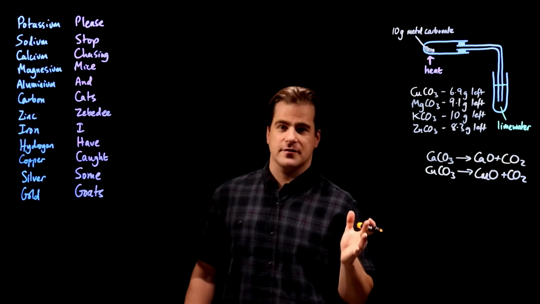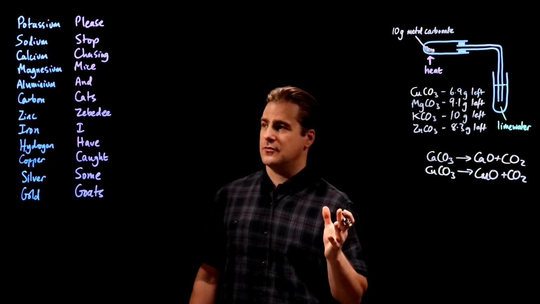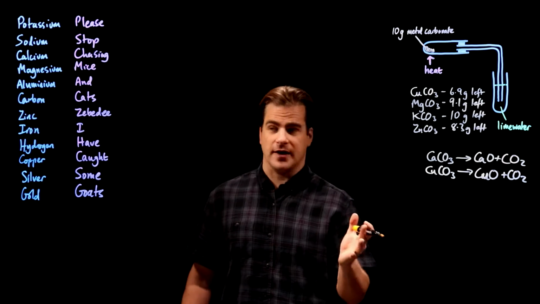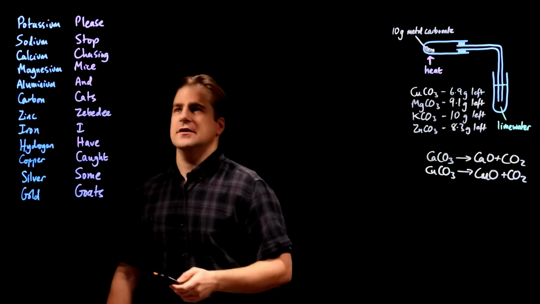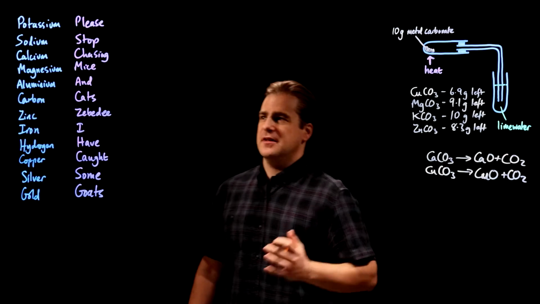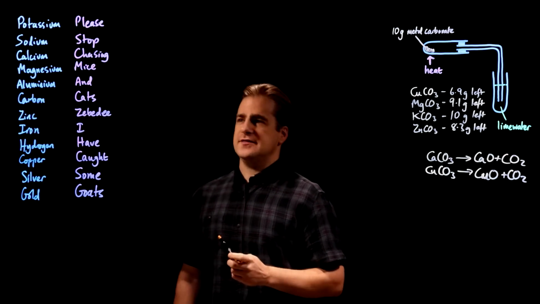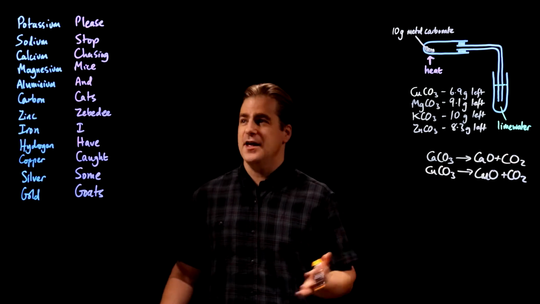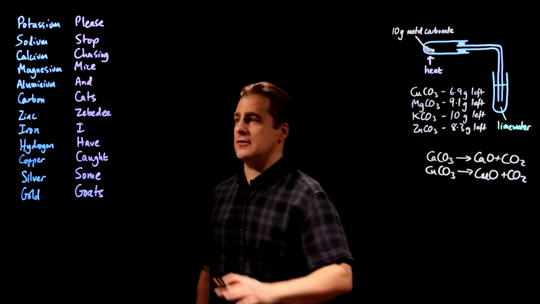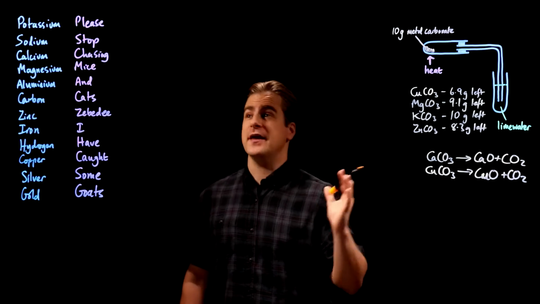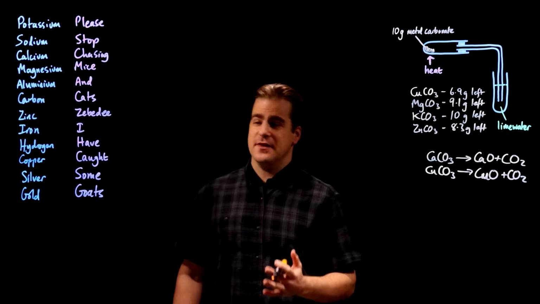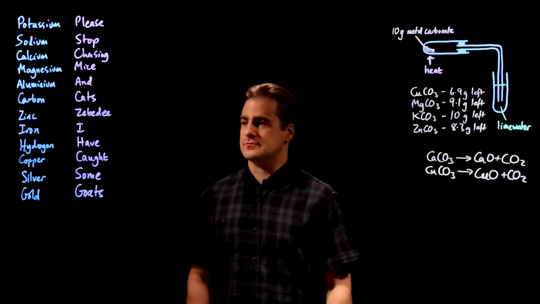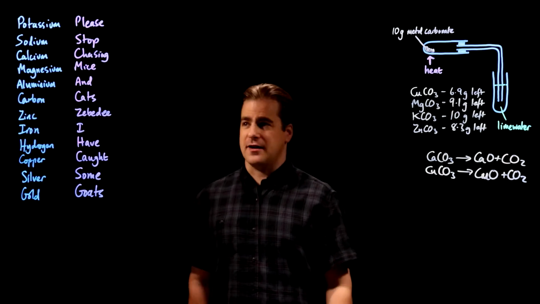It always helps, I think, to remember things like this using a mnemonic. It's a pretty good one: Please stop chasing mice and cats, Zebedee. I have caught some goats. It's as good as any. There are loads of mnemonics for the reactivity series out there. Pick your favourite, but this one will do. I hope you like it.